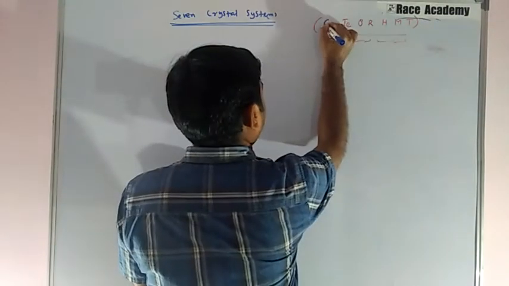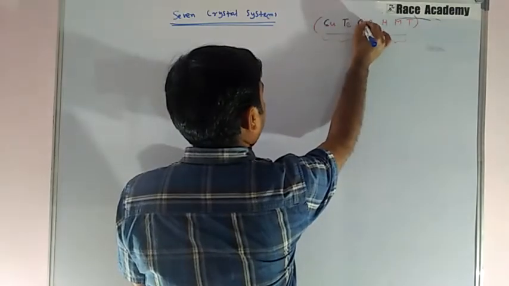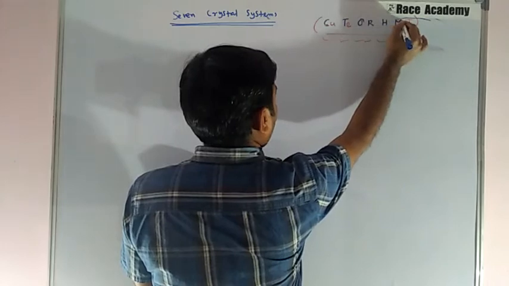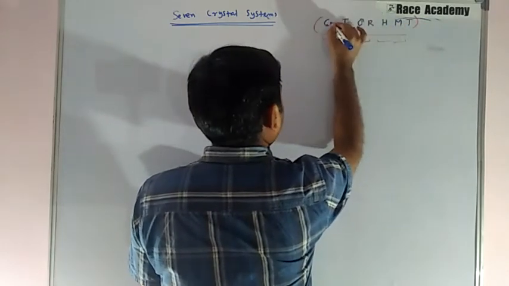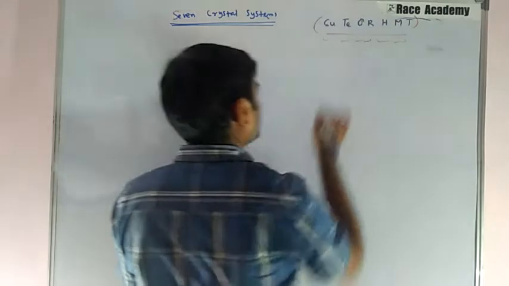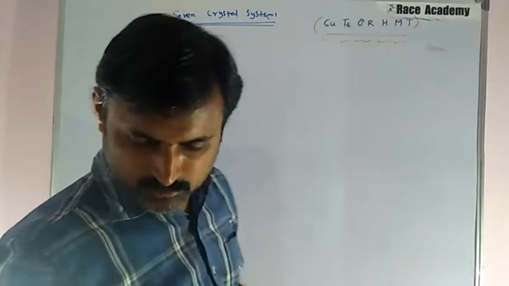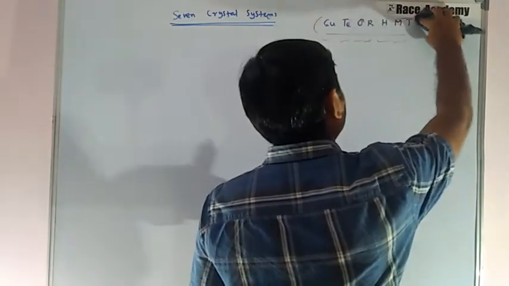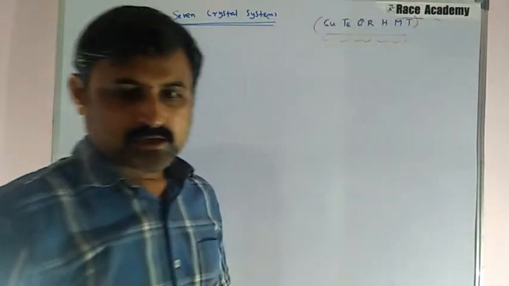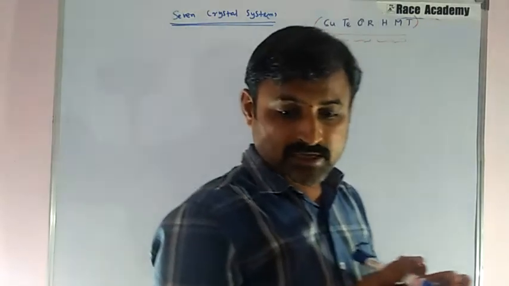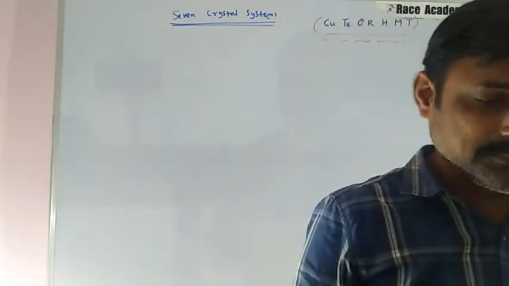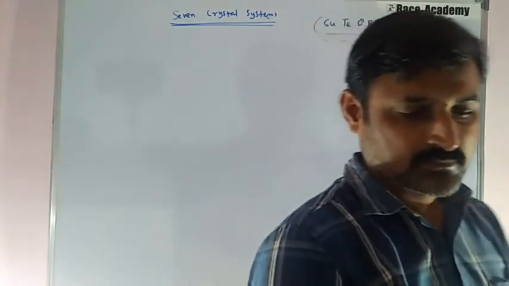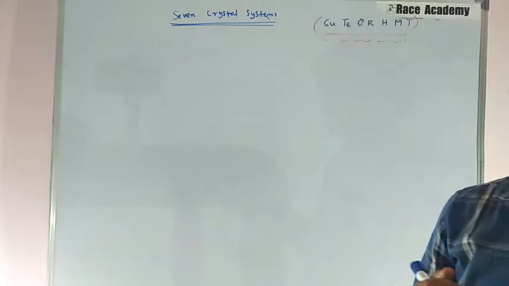If you have the NCERT textbook, go through it. There is a table there. Remembering that is also difficult, so I am not disturbing the pattern present in the textbook. In the textbook, on page number 8, they have given one table of the 7 crystal systems.